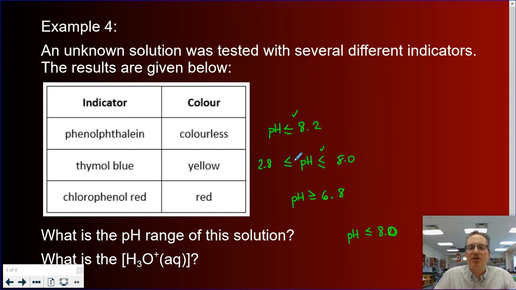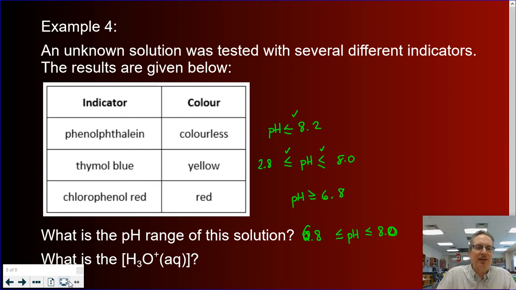We know the pH is greater than or equal to 2.8. And our last piece of information, our pH is greater than or equal to 6.8. So instead of 2.8, we're going to take a big jump.